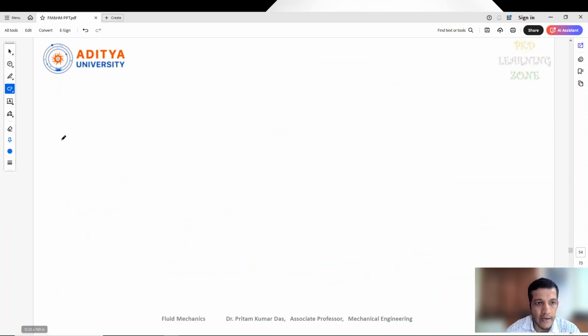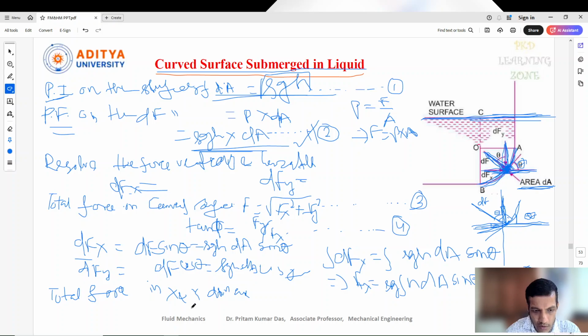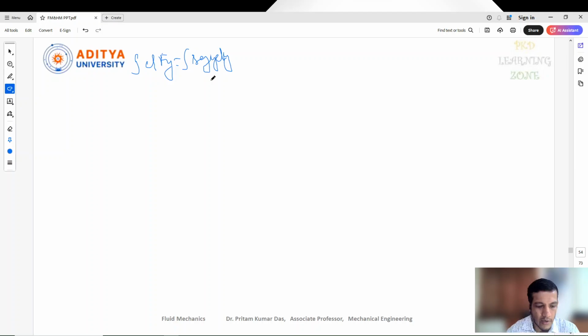Similarly, I can write the total force in the y direction as the integration of dfy, equal to rho g h dA, and this is cos theta.